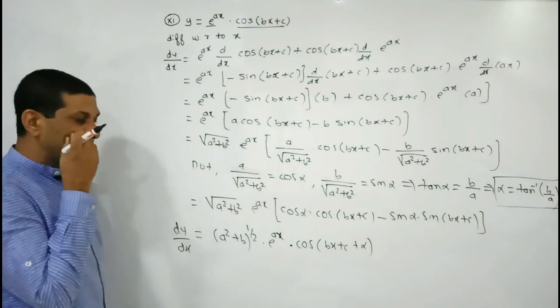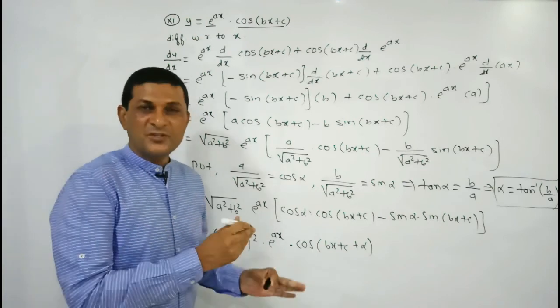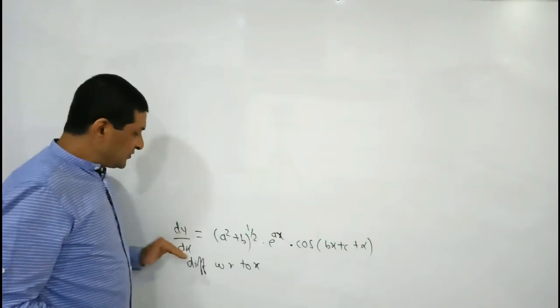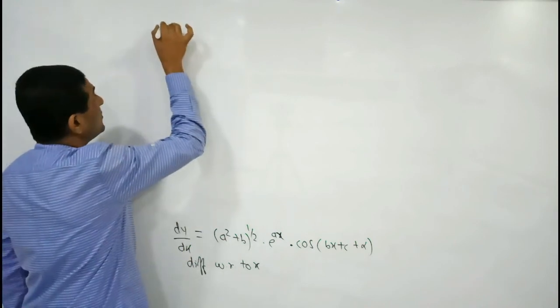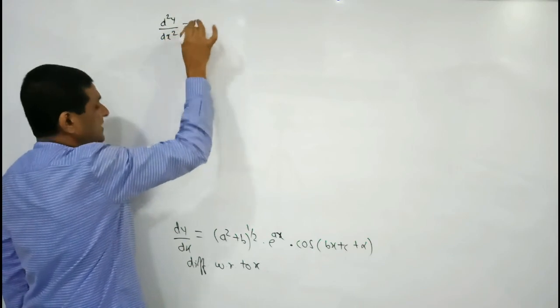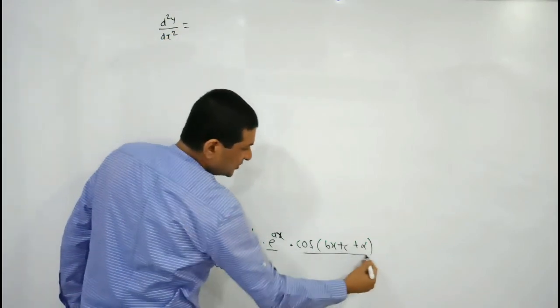Once the value of dy by dx is known to us, we are differentiating it to find out the second order derivative. Now derivative of this dy by dx will be d2y upon dx square. And to find out differentiation of this term, here we have to apply product rule u into v.